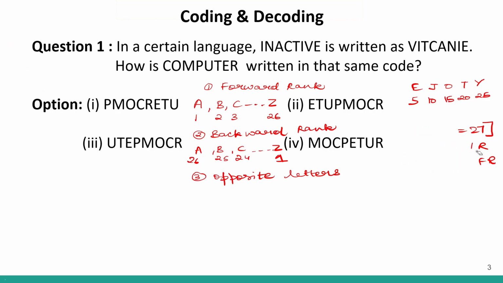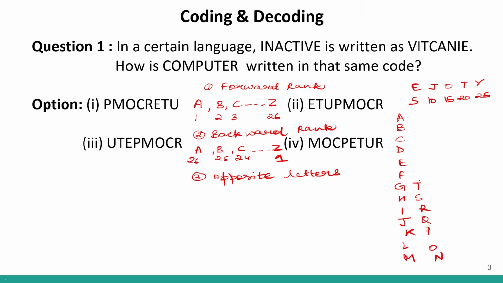I will start from A, B, C, D, E, F, G, H, I, J, K, L, M. These are my first 13 alphabets. 13 alphabets are remaining. So I will write them like this: N, O, P, Q, R, S, T, U, V, W, X, Y, and Z.